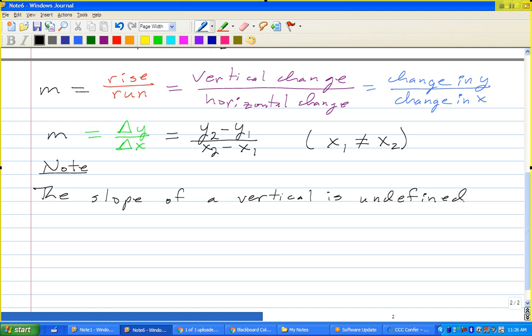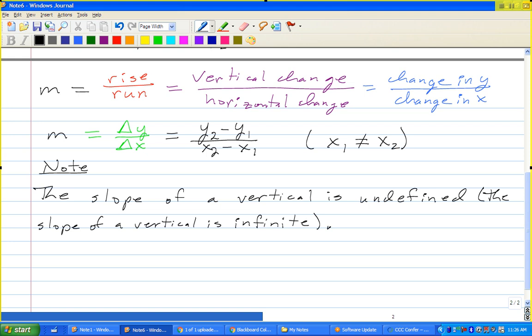So I didn't define the slope of a vertical line. Some people say that the slope of a vertical line is infinite in size. Or you can just say that it's undefined.